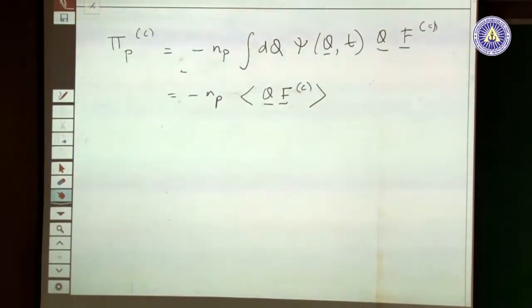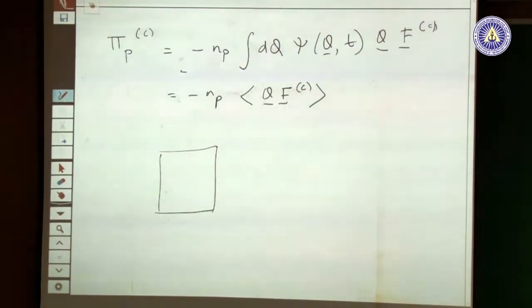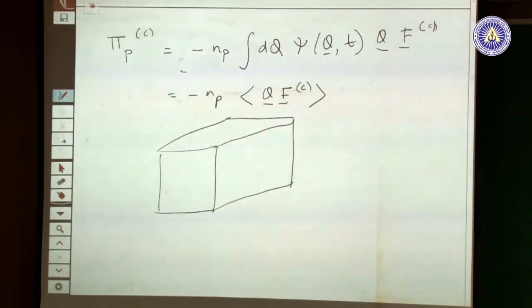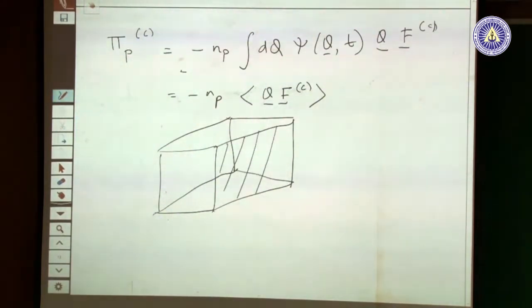Again we will use a schematic representation. I have a box, and let us say this has a surface S and a unit normal n.